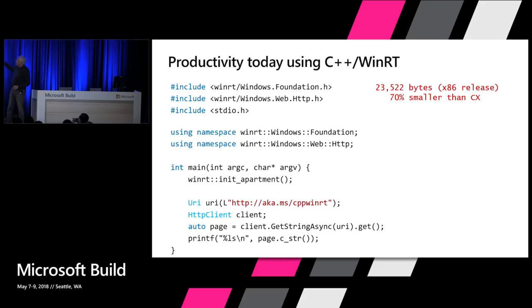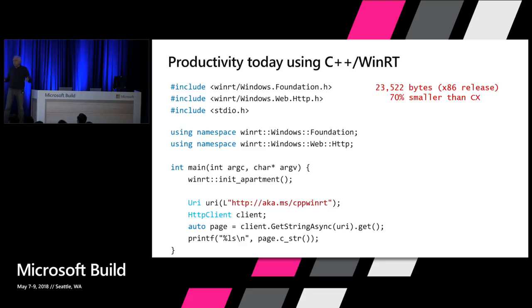Bonus, when you compile it, we're 23K bytes instead of 80. So in this case, it's only 70% smaller than the CX version. Now, to be fair, the majority of that's because I don't use PPL. The parallel patterns library, it's template-based classes.